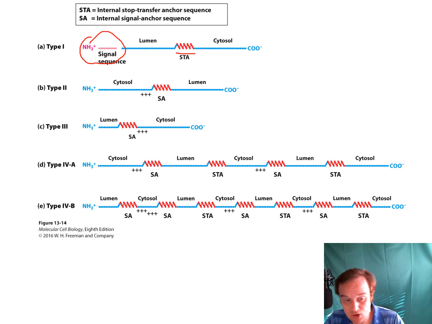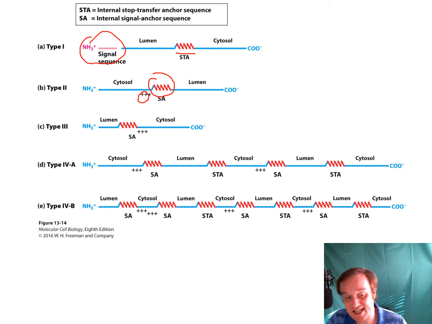In type 2, there is this single stop transfer anchor alpha helices, and also the orientation depends on this high density of positively charged amino acids that we didn't get into a lot, but this is on the N-terminal side of the stop anchor sequence.